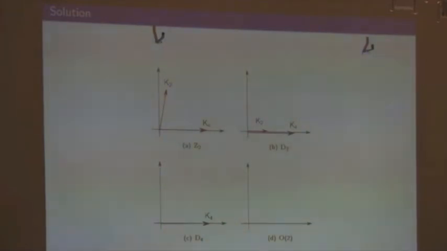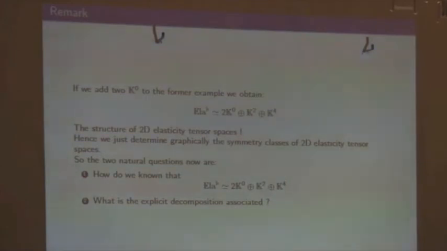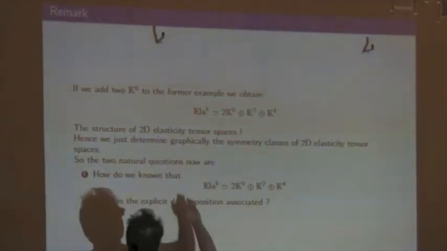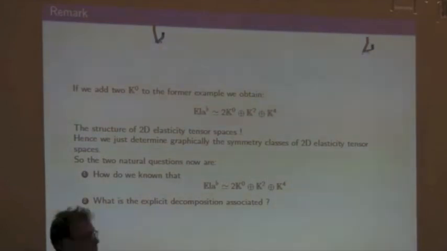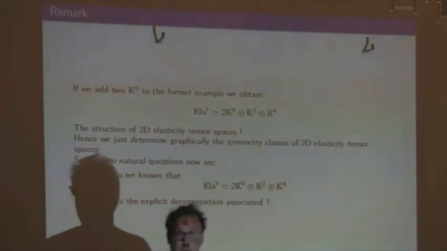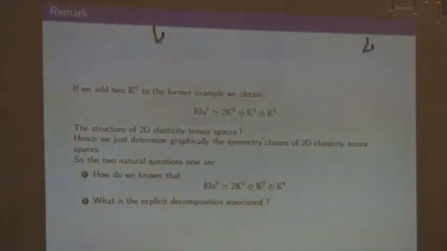Why this example is important is that indeed we classify graphically the symmetry classes of the elasticity tensor, because in 2 dimensions the harmonic structure of the space of elasticity tensor is 2 elements in K0, 1 element in K2 and 1 element in K4. The 2 elements in K0 are the Young modulus and the Poisson ratio, the lambda mu of the Lamé coefficients, or any isotropic invariant of your elasticity tensor.